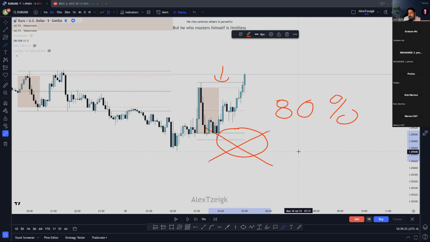During the session that forms, for example, we are looking at this current time, the London session. This means that it will respect this level for the London session. When we go to the mixed, it is a new reset because we are getting ready for the New York session.